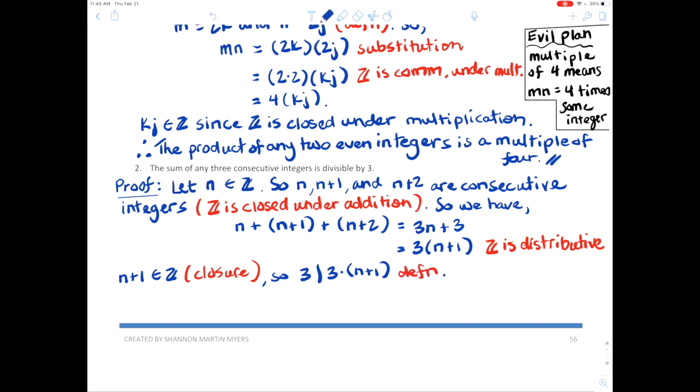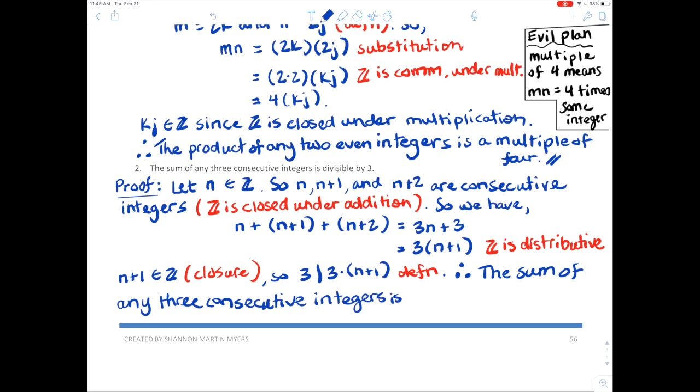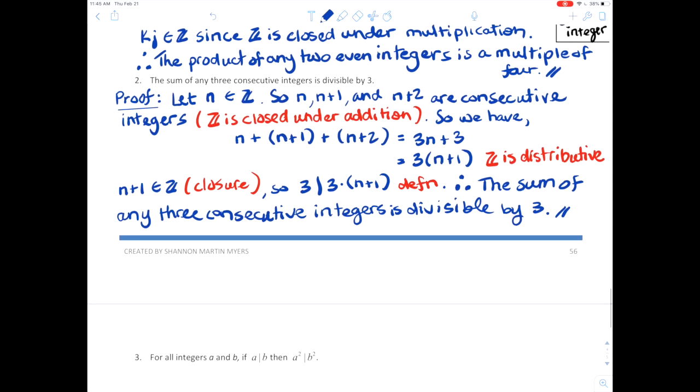Therefore, the sum of any 3 consecutive integers is divisible by 3. And we're done. Awesome. Okay.